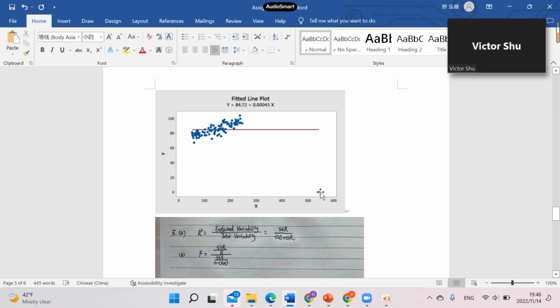However, there's one observation which I can definitely tell you, without doing any hypothesis test, is an outlier, an influential point, and a leverage point. And by the way, if a point is both an outlier and a leverage point, then it's very likely to be influential. That means if you calculate the Cook's distance, it's very likely to be greater than 1.